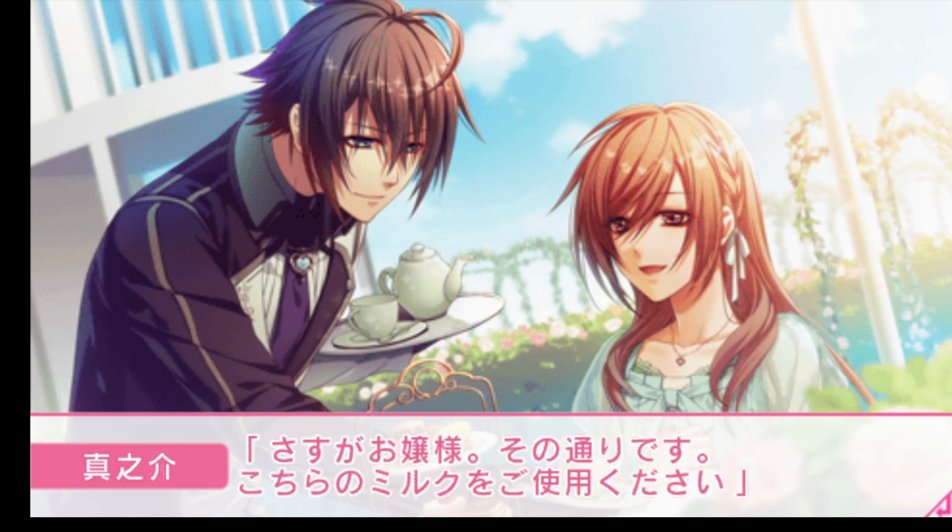さすがお嬢様。その通りです。こちらのミルクをご使用ください。 So it is just Assam tea turned into milk tea. Then it was only one tea. Sasuga means as expected. As expected from my milady.